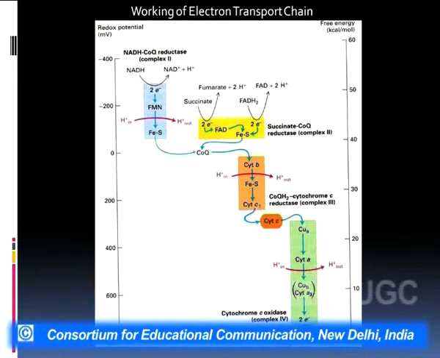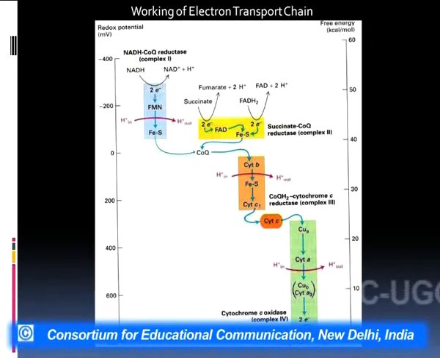If we were to look at the scheme of the movement, what really happens is any reaction we take, NADH is formed, say for example in glycolysis or in Krebs cycle. Now, this is taken up in the complex 1, it is now oxidized back to NAD plus protons, and it donates its 2 electrons to FMN.